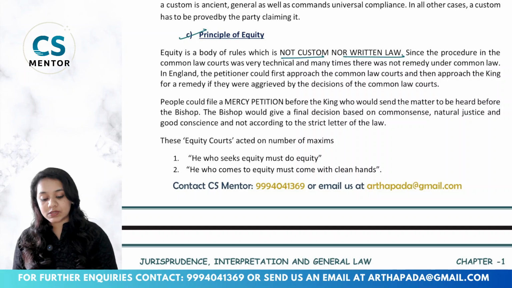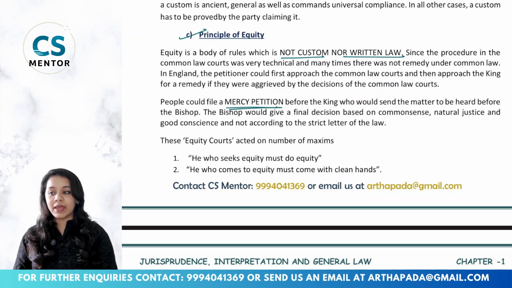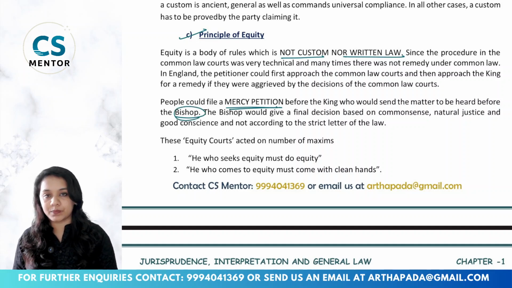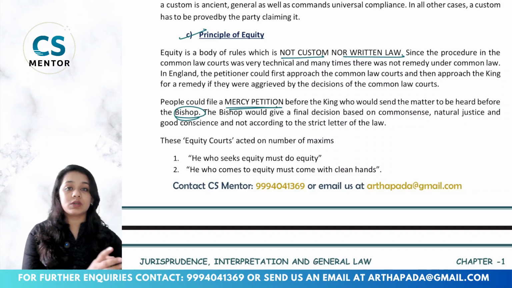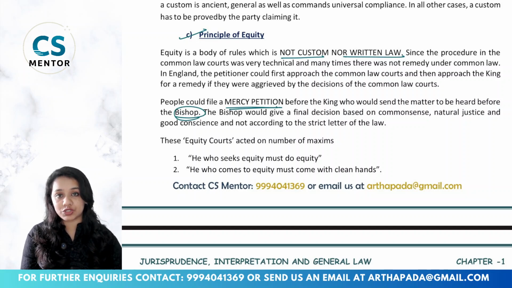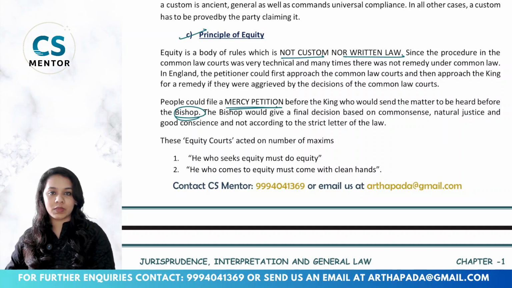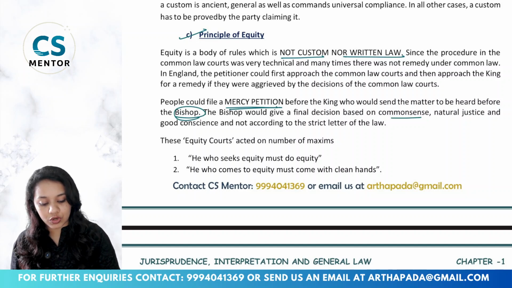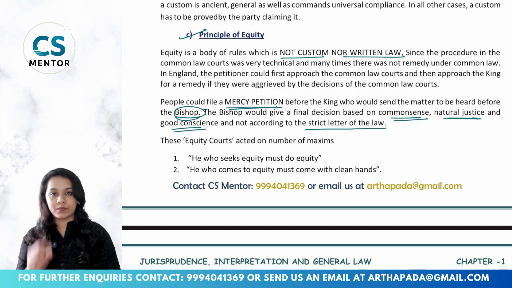At that time, a person was allowed to file something known as a mercy petition before the king, and then the king would hand the matter over to the bishop. Who's the bishop? The bishop was a person who belonged to the clergy, the church, whereas the king is the head of that land. And the bishop will give a final decision based on common sense, natural justice, and good conscience, and not according to the law.